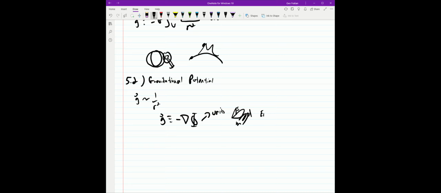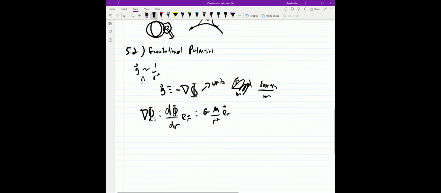So let's do energy per unit mass. Okay. And using mathematical equations, we know the gradient of phi is just the partial derivative in the radial direction, because that's the only way G points, radially. So it's Gm over r squared er. Now, what if we integrate to get just the gravitational potential?